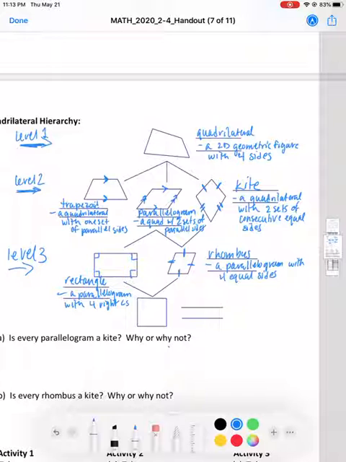It's also considered a kite with 4 equal sides as well, because in the kite, two sets of sides are the same consecutively, and the other two are also the same consecutively. But rhombuses have all 4 sides equal. Okay, so here's level number 4.